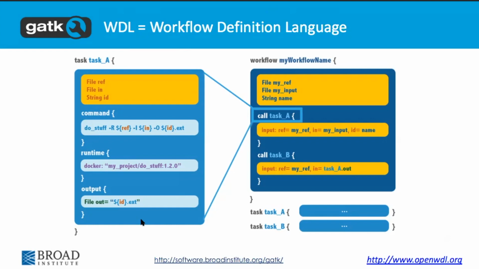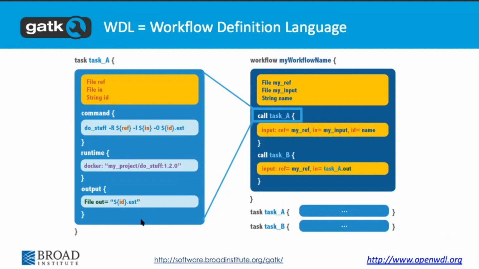And you can define a bunch of different tasks, and then you can string them together. The final thing is that you can reference outputs of one task in the next task. So for example, right here you have as input the output of task A. So it will run task A, it will produce this output, and then it will grab it and push it to the next task.